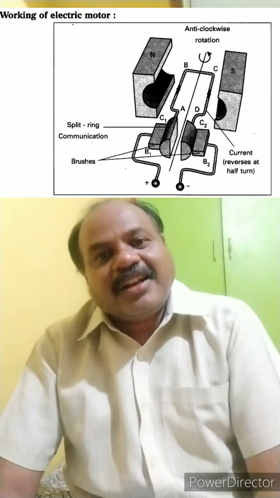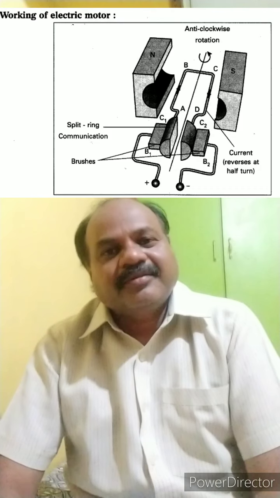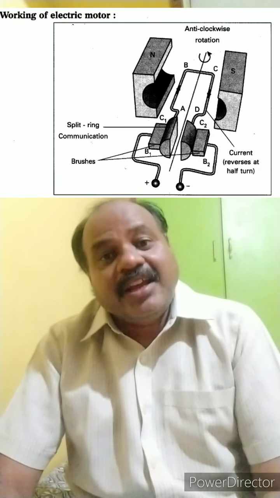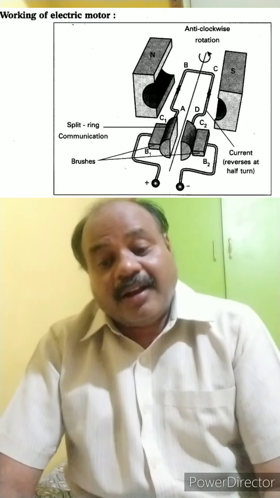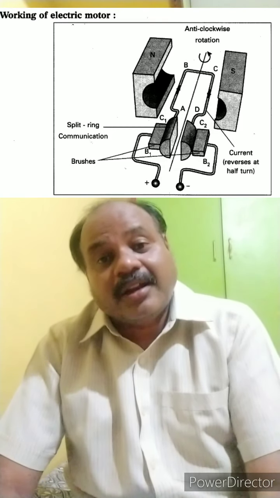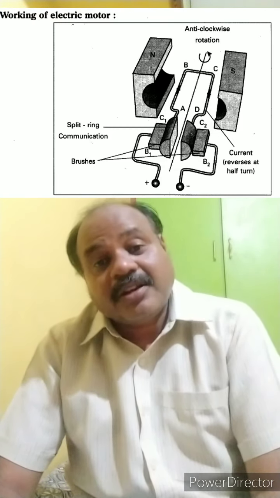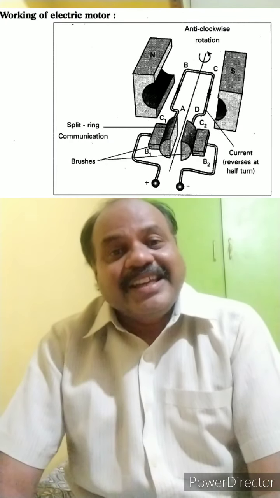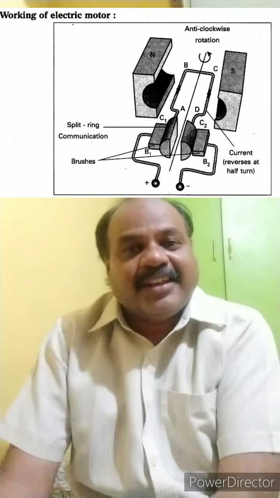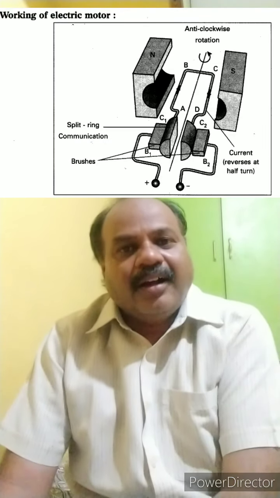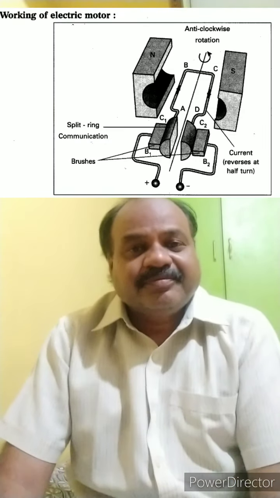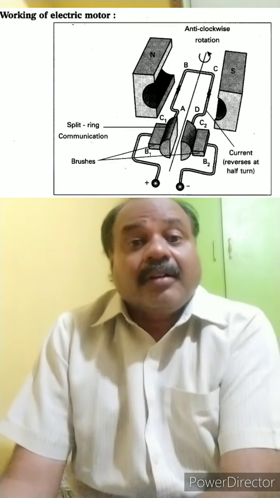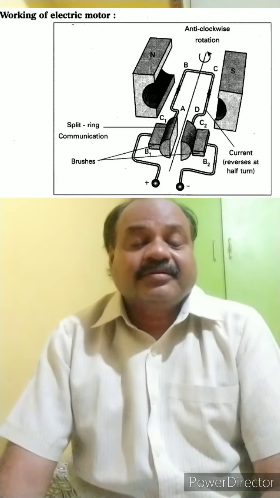When the armature rotates continuously, we know that the armature is arranged on a lengthy iron rod which is called shaft. The shaft also rotates. If that shaft is connected to any object, that object will also rotate.